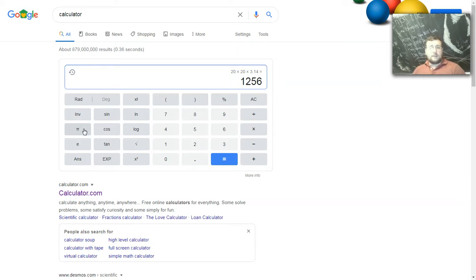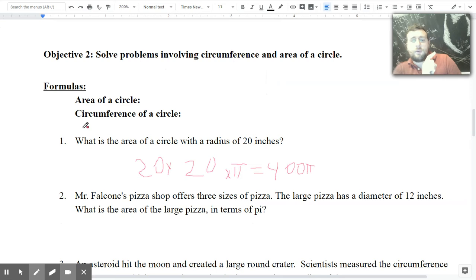But if it doesn't, it's better to use the pi button in the calculator when you're trying to calculate. But do remember that sometimes the answer will be listed in terms of pi, just like this, 400 pi. And if it is, you do not need to multiply times pi in the calculator to get the answer. But this should have been 1,257 about. And I say about because pi is that irrational number that goes forever.